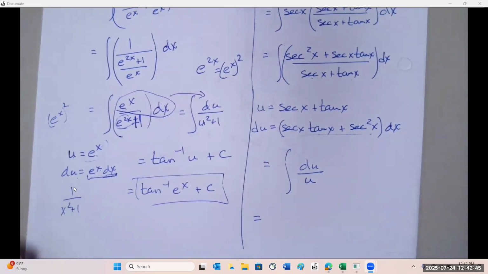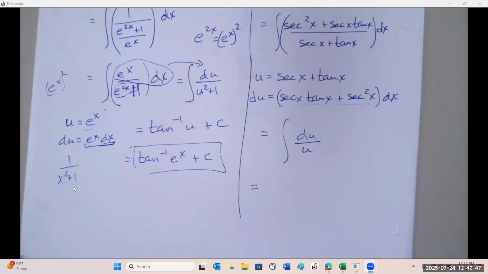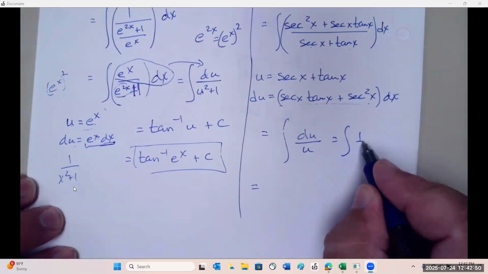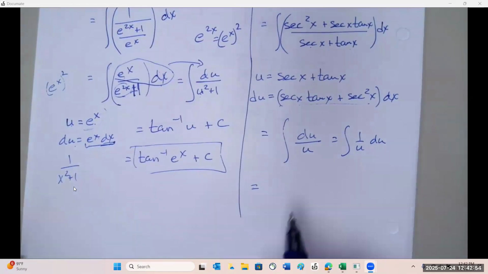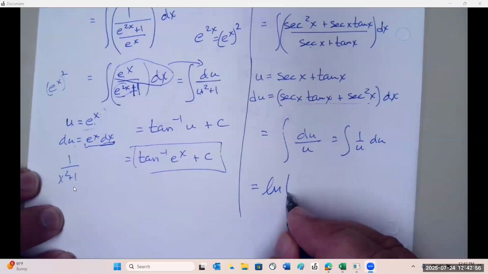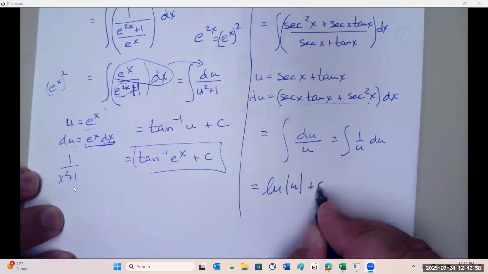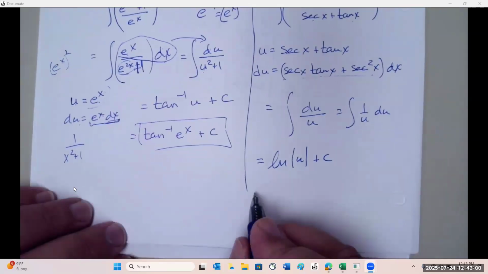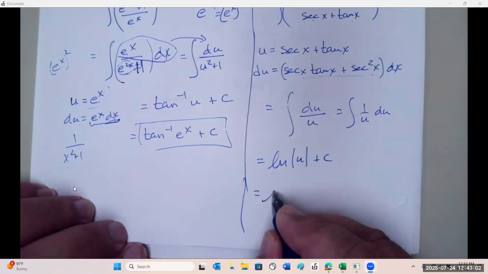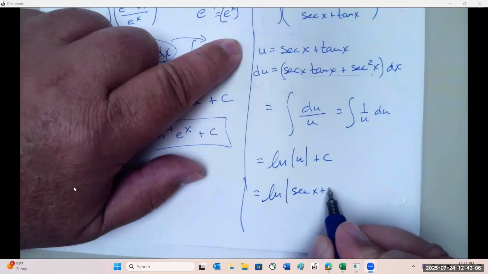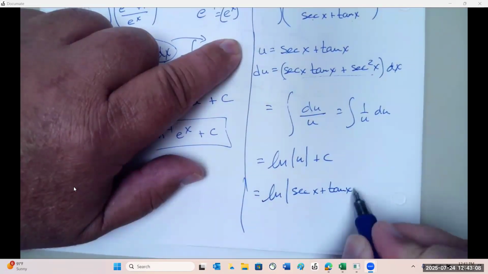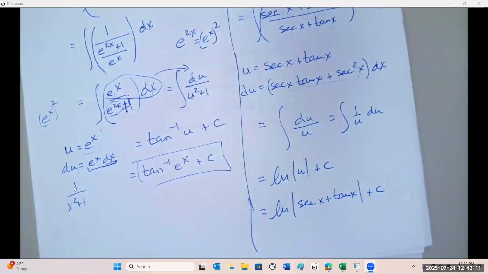So what's the integral of du over u, or integral of 1 over u du? ln absolute value of u plus c. So we have ln of u, which is secant x plus tangent x, plus c.